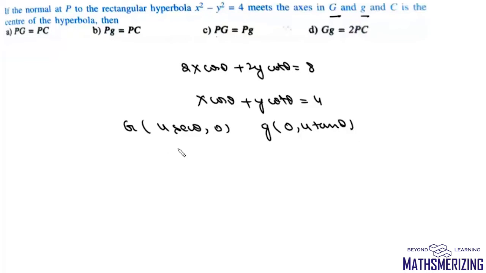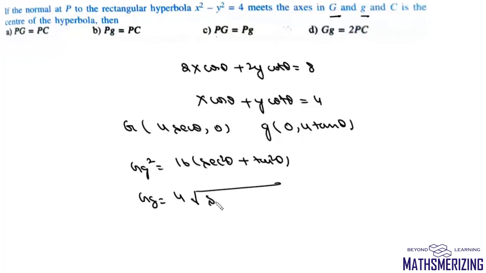Now we'll find the distance between capital G and small g. So Gg square will be 16 secant square theta plus 16 tan square theta. So this Gg is 4 times under root of secant square theta plus tan square theta.